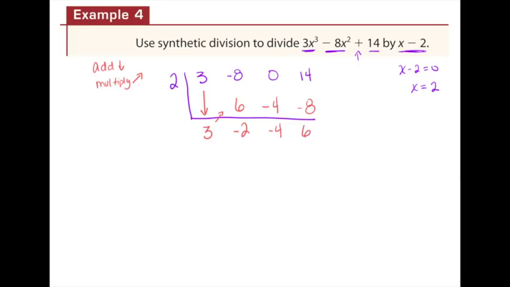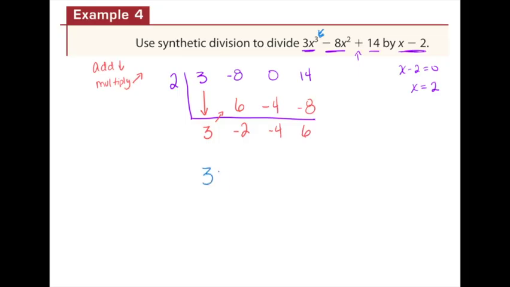Now, what I'm going to do here to find my answer is I'm going to look and see what exponent I started with. I started with an exponent of 3. I'm going to take all of those. Those are now my coefficients. And I'm going to fill in starting 1 down from where I began. So I started with x cubed. I'm now going to fill this in with a squared.